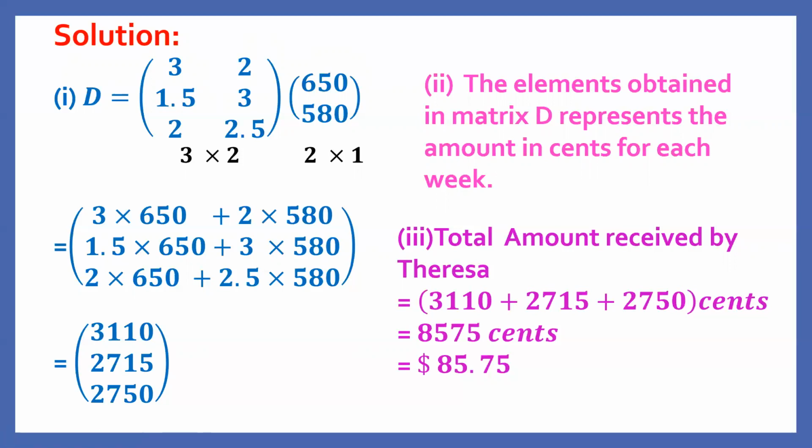So to find the total amount, I just need to add the amount received in week 1 plus week 2 plus week 3, which gives me 8,575 cents. So converting this into dollars by dividing by 100, I will obtain 85.75 dollars.